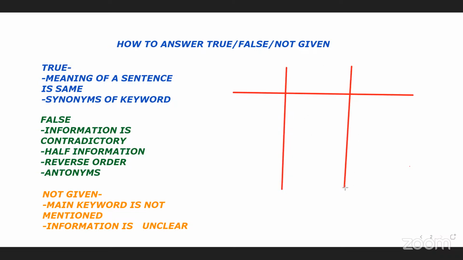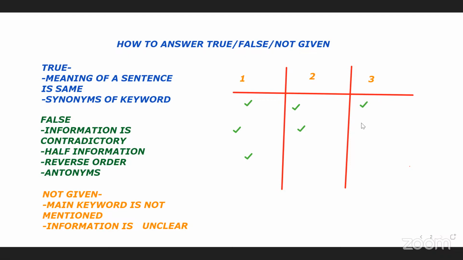If you find all the parts, the answer will be true. If you get only 2 parts, the answer will be false. If you get only 1 part, the answer will be not given.